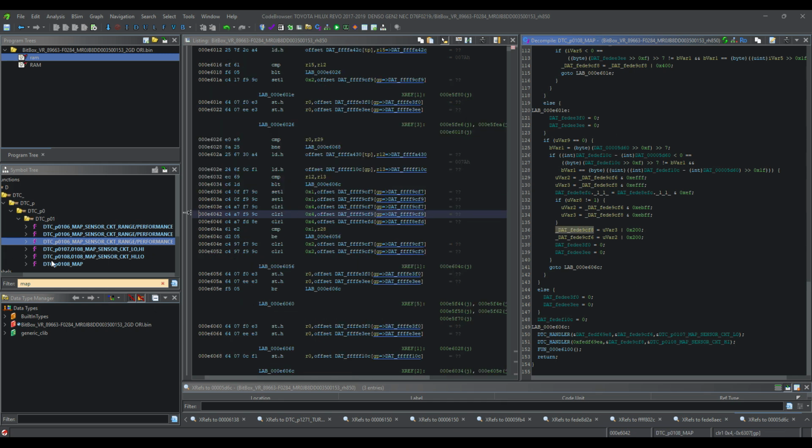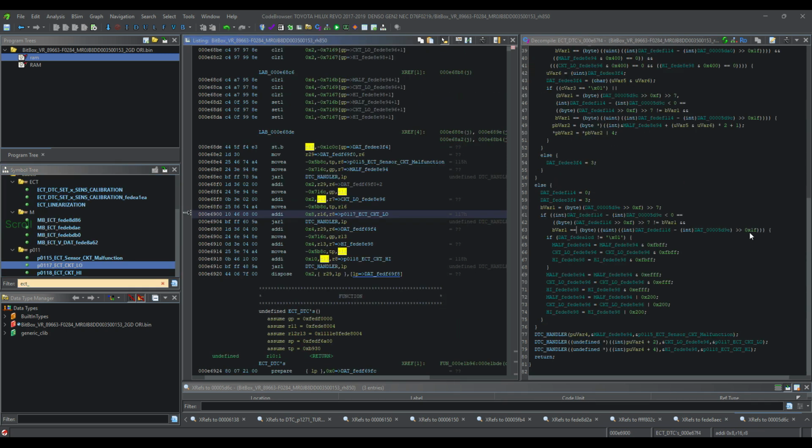You'll notice when we were working on the ECT, in this function, we came to these RAM addresses and they were colored orange, like in the last function we were looking at. And when you referenced it, it would not reference the brown, tan rather, RAM addresses. So we chose to analyze the file and it cleared that up for us.